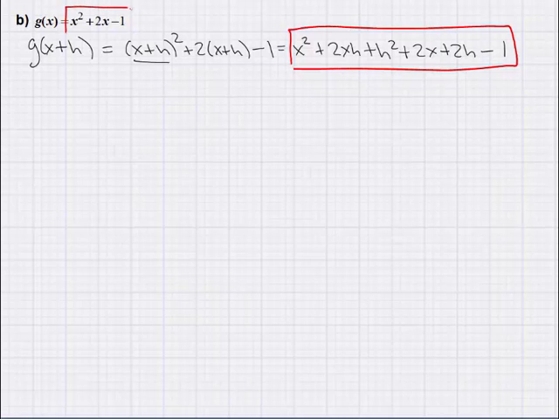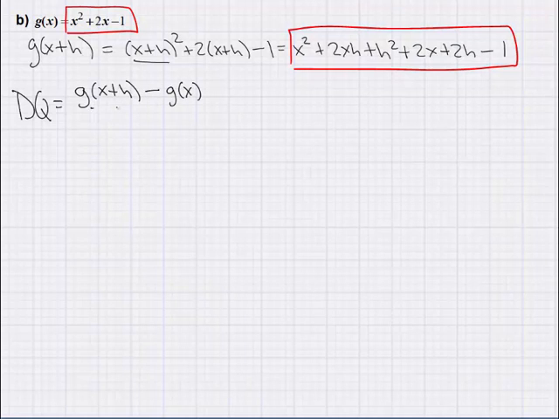This is g of x. So what I need to do is to find the difference quotient. I need to find g of x plus h minus g of x all over h. So I'm going to take this and put it here, and take this and put it here.